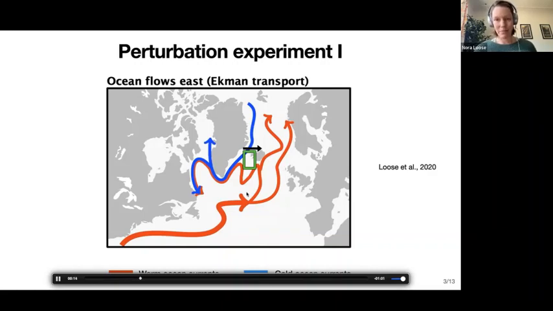This sets up an anomalous pressure gradient, which spins up an anomalous clockwise circulation around Iceland, as shown by these black arrows here. This anomalous circulation pattern will then weaken the Norwegian Atlantic current. And at the same time, it will also weaken the East Greenland current.